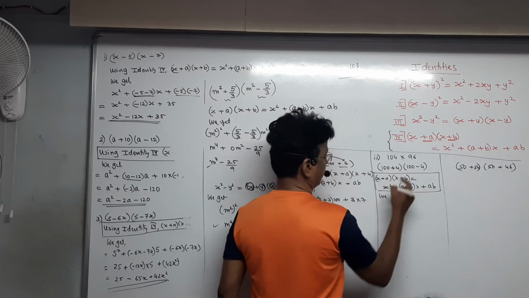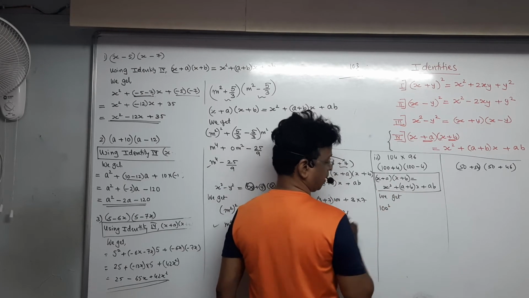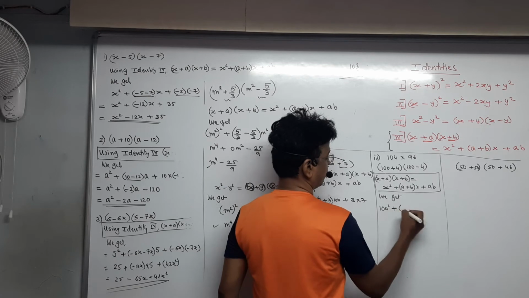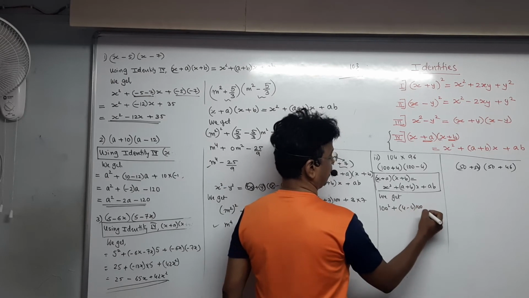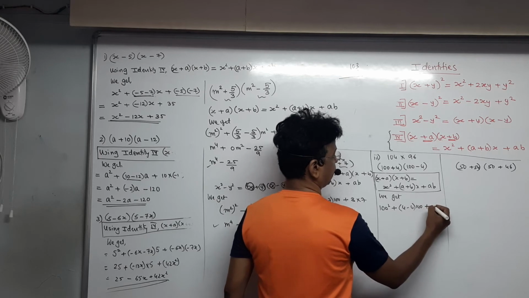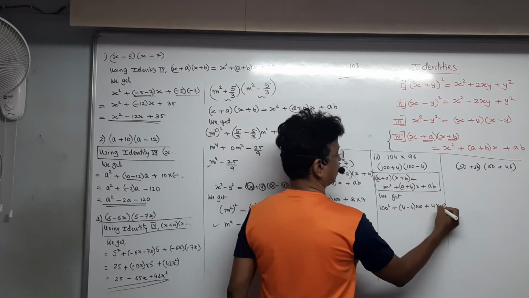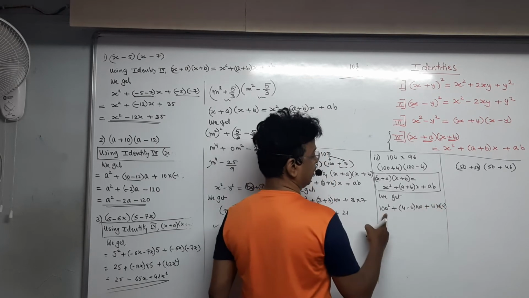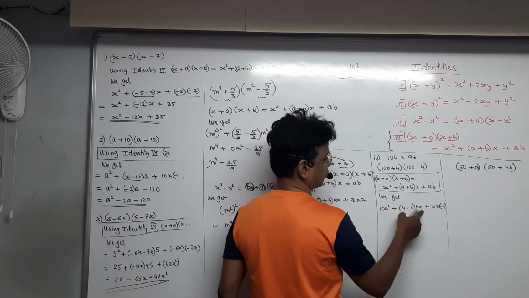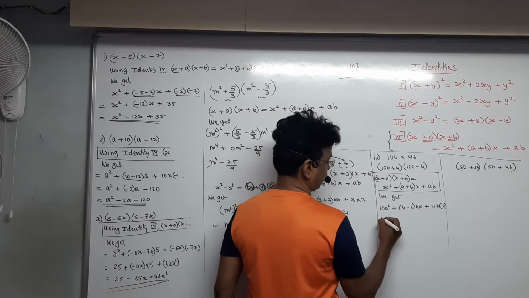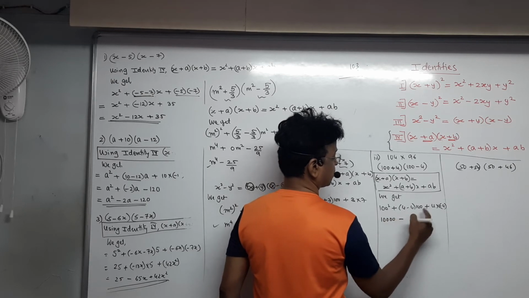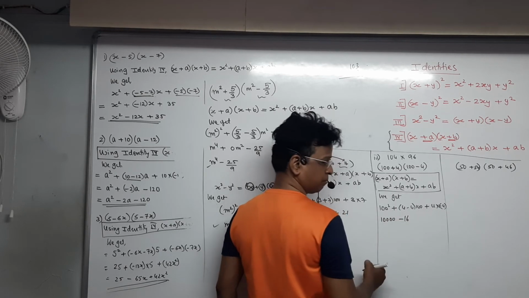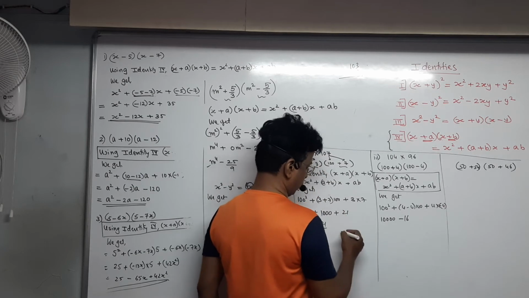So what you will get over here: 100 square plus (4 minus 4) into 100 plus 4 multiplied by minus 4. Here 4 minus 4 is 0, so this also becomes 0. So you will get 10,000 minus 16. You only have to subtract this.